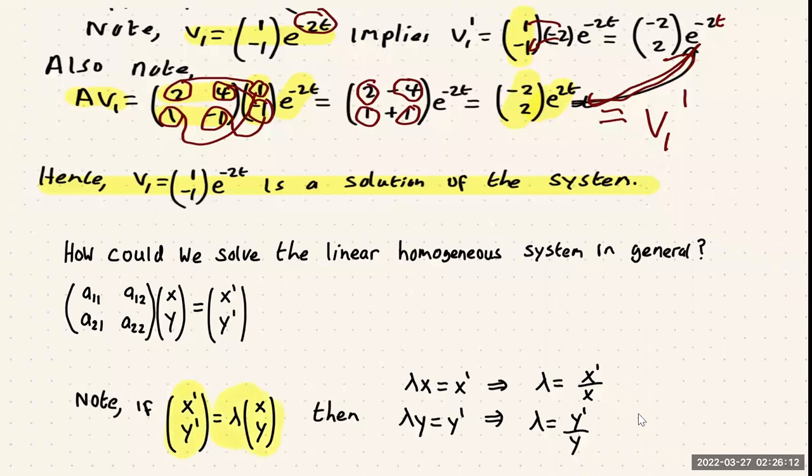That would mean that x prime would equal lambda x, and y prime would equal lambda y, which I've written over here. We can then solve for lambda. Dividing by x and y on both sides, we have lambda equals x prime over x, and lambda equals y prime over y.